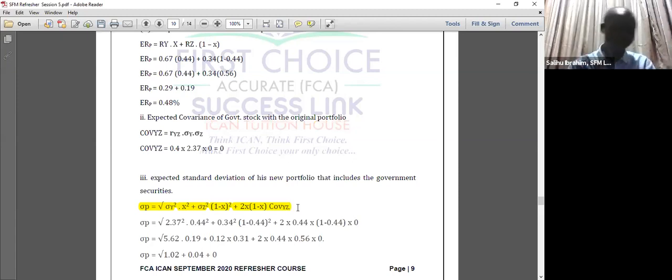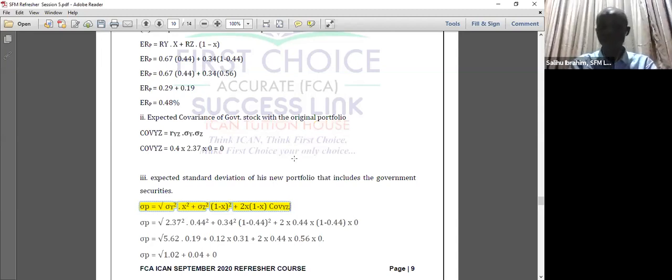Now, the standard deviation of a portfolio is given as the standard deviation of investment Y or stock Y square times the weight of that investment, plus the standard deviation of Z square, the second stock, times the weight of the second stock square, plus 2 times the weight of Y times the weight of Z, then multiplied by covariance YZ.